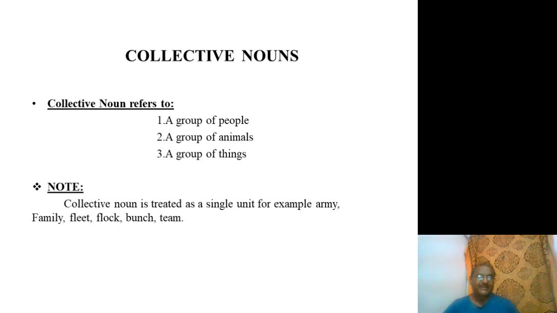Team means team of players. It is not restricted to only one member. It is going to be two, three, four, five, six members. All these n number of people are being clubbed together and formed as a separate noun. That is called a single unit. That's called collective noun.